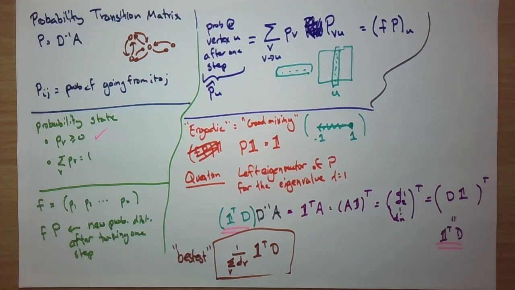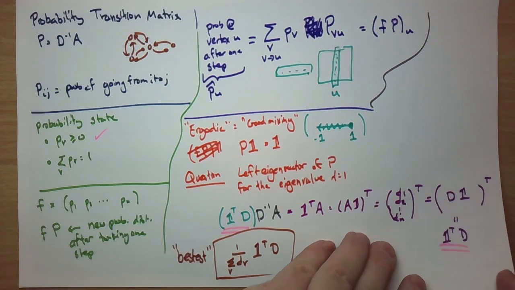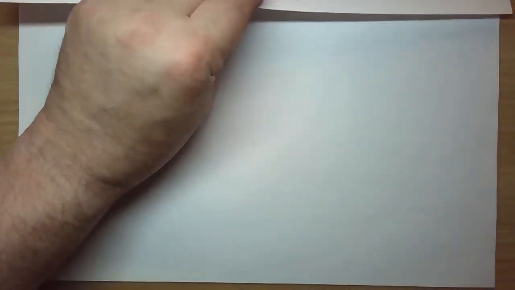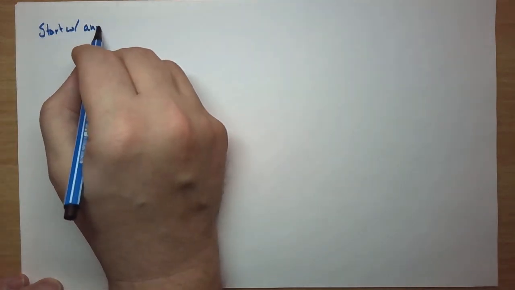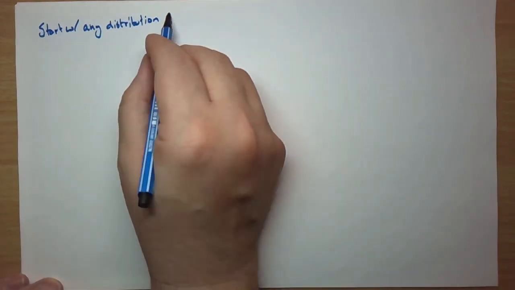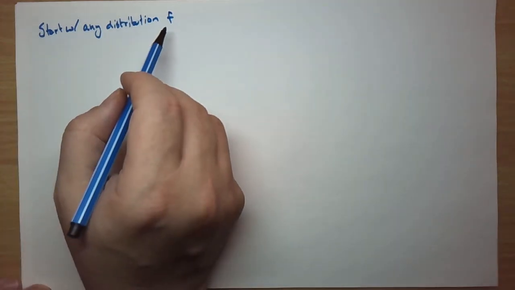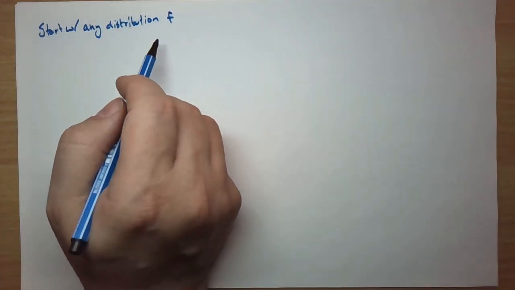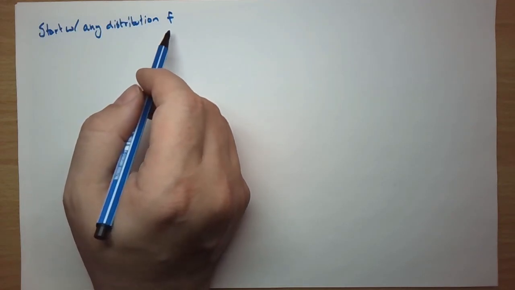Okay, so why is this the bestest? Well, now we'll talk about what's happening to our random walks, our distributions for our random walks. So start with any distribution, and I'll call it F. It's a vector.